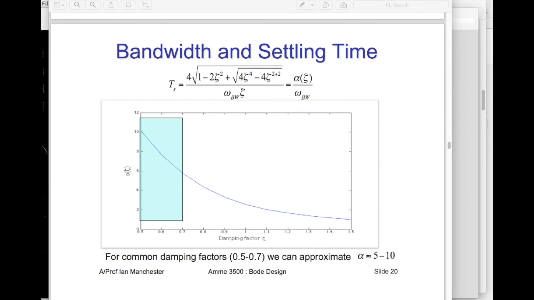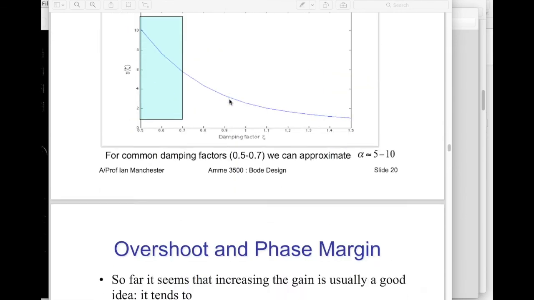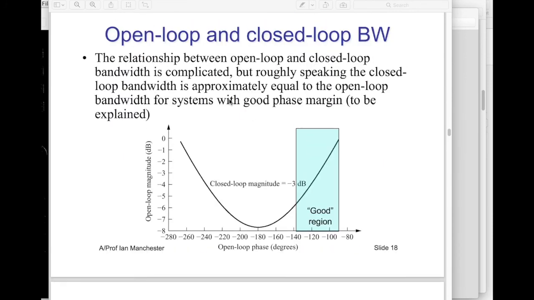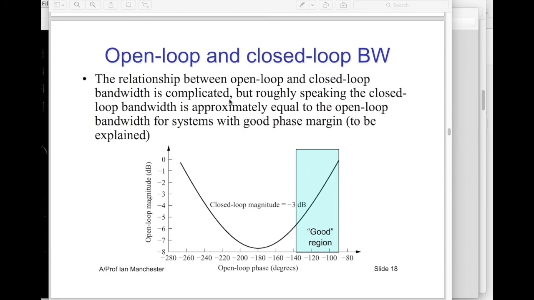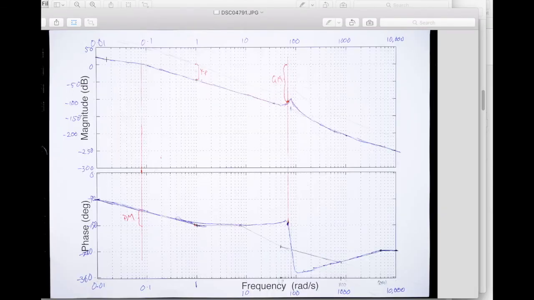Okay, now what's omega BW got to do with our Bode plot? Well, actually, the closed loop bandwidth is related to the open loop frequency response. So the open loop frequency response is what we're plotting in a Bode plot, right? So this is a Bode plot of the open loop system, whereas the bandwidth is a property of the closed loop system.